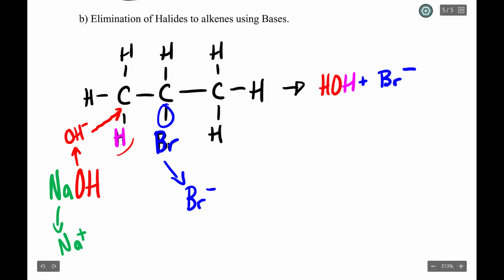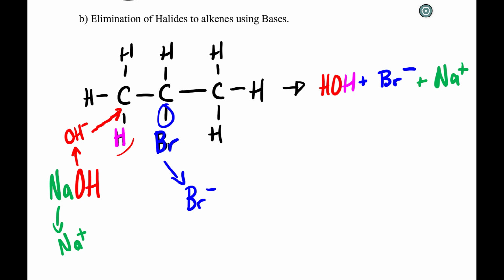This H here, when it left, it left with no electrons, and so now there's 2 electrons in this area, which can form a double bond. So the sodium is still there. I'm going to add that in over here. I'm going to say the sodium is still kicking about, but the most important product is really what is remaining of this 2-bromopropane.